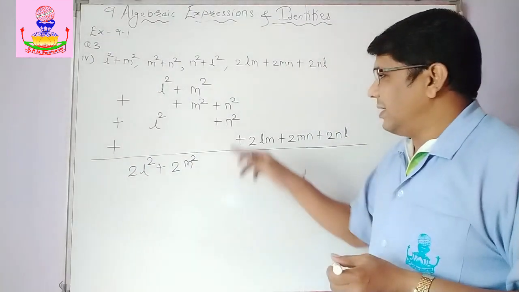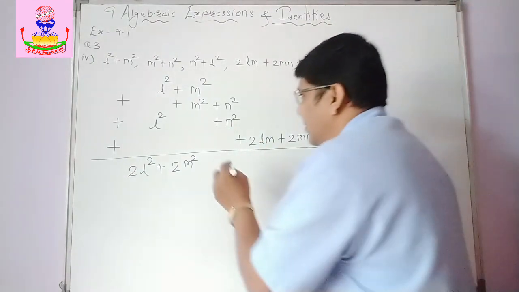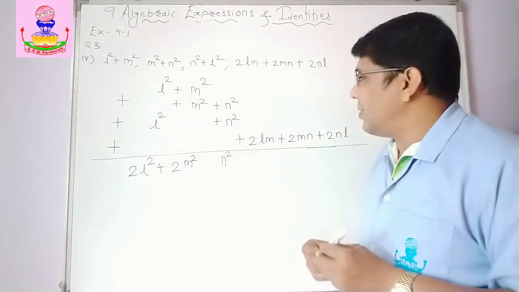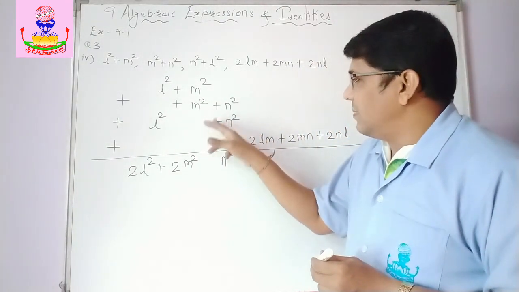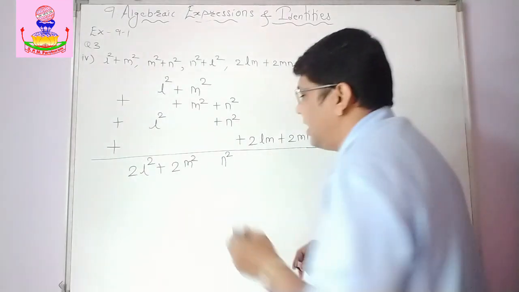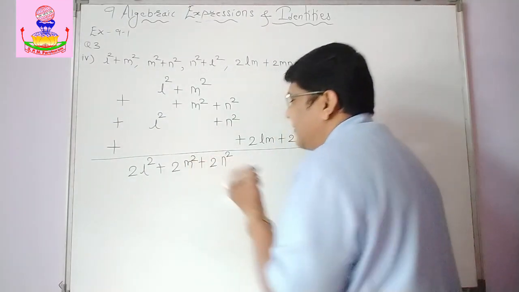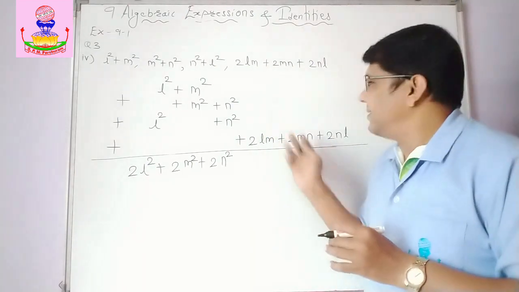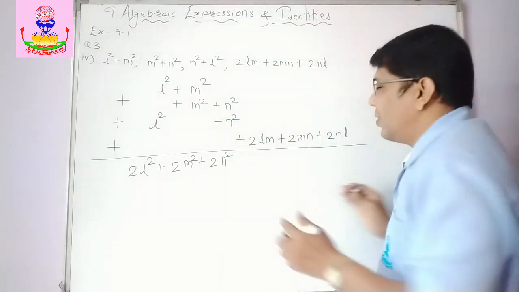2m square. Then who is there? n square. So write n square. Right? And what will be there? Plus 1 plus 1. How much is it? Plus 2. Do you understand? Then write this as it is. There is nothing to add here.